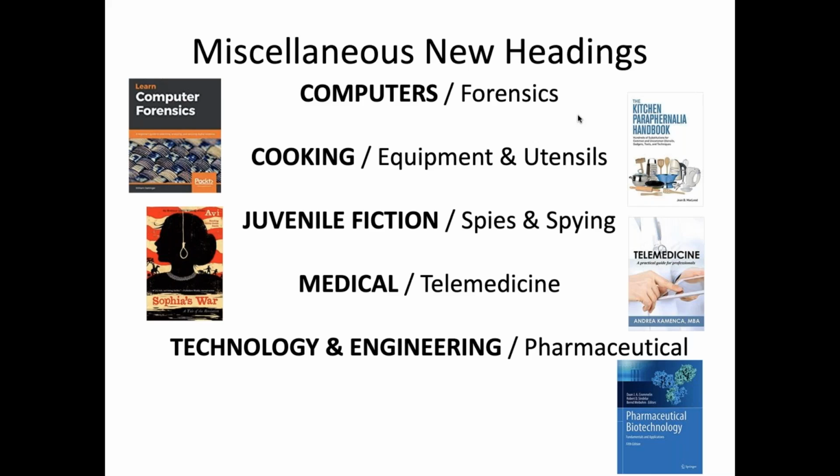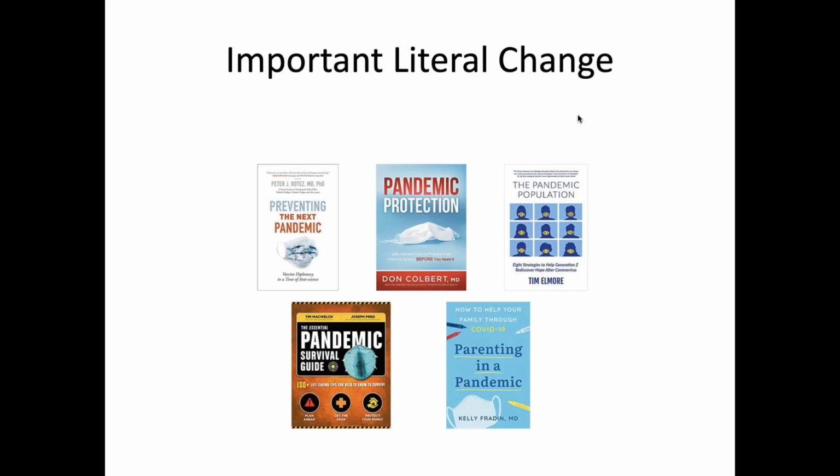And one of the more important literal changes we made: we saw a lot of books coming out on one topic, the pandemic. We talked about whether we needed to add a heading on pandemics. But as we looked through the list, we found that health and fitness diseases contagious covered these titles, though it didn't include the term pandemics.